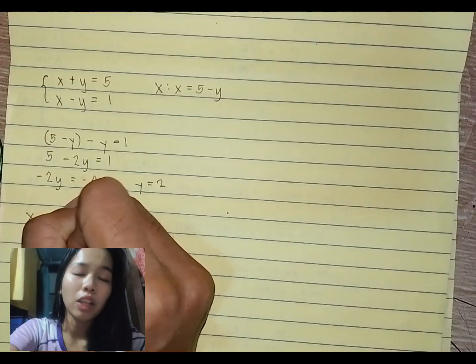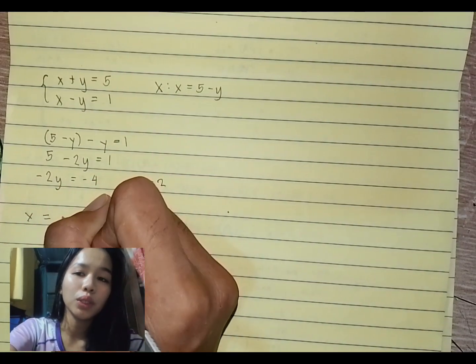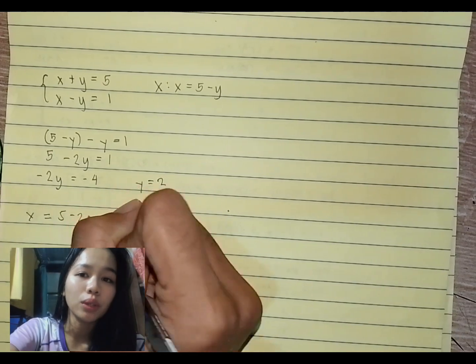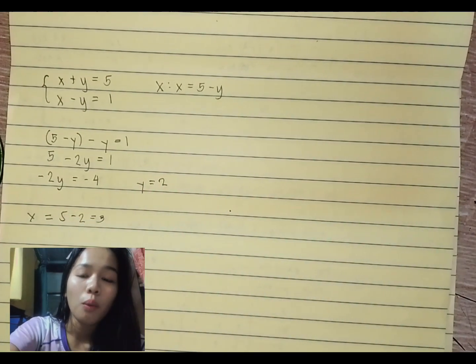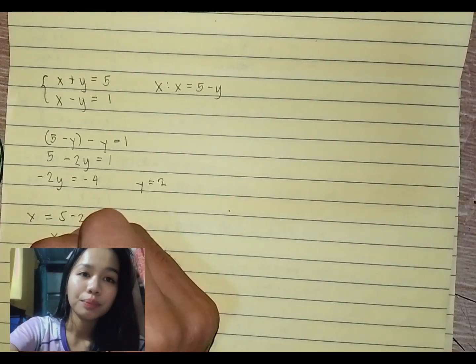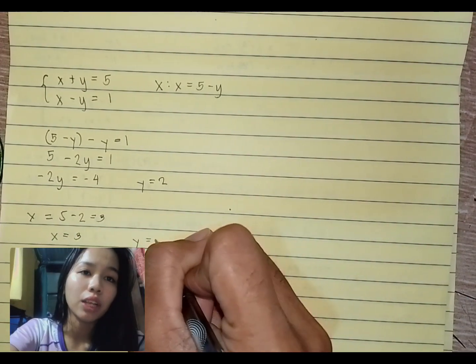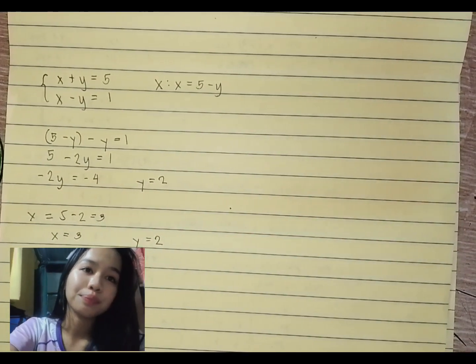Now, for the value of x, we need to substitute y is equal to 2 back into the isolated variable, which is x is equal to 5 minus y. So now, we will find out that the values of x and y are 3 and 2.